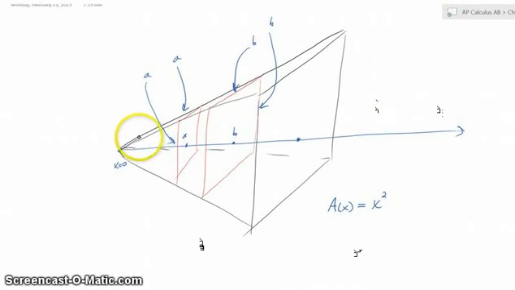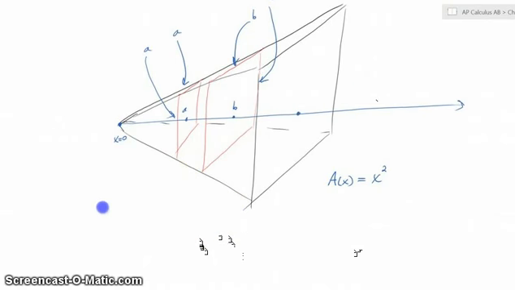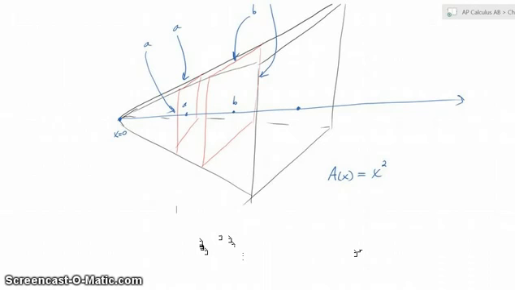If I want the volume of the shape, then all I need to do is sum all of these cross-sectional areas together, like stacks of sheets of paper, until I have the entire volume. And remember that one of the ideas of integration is doing that sum.